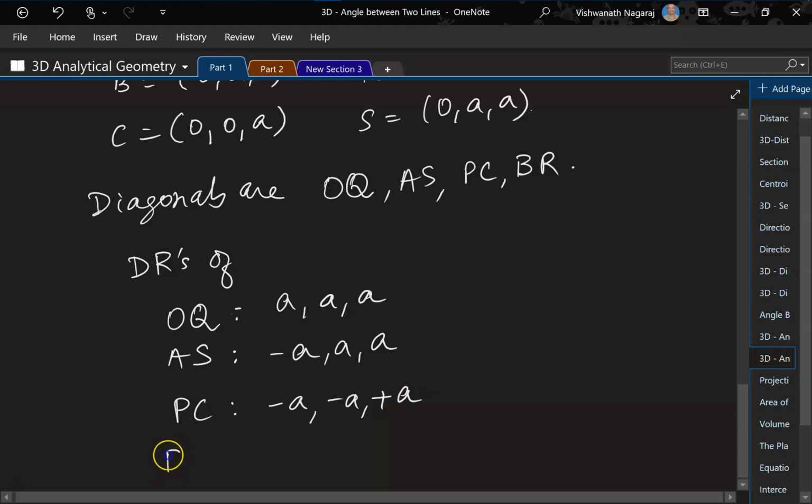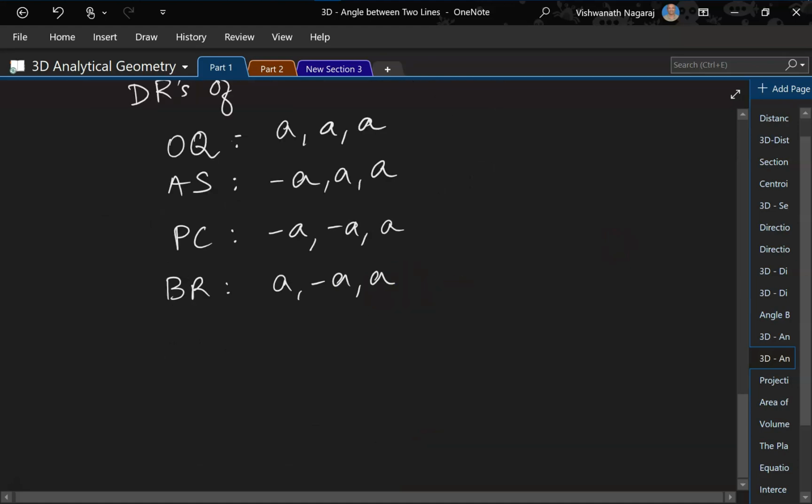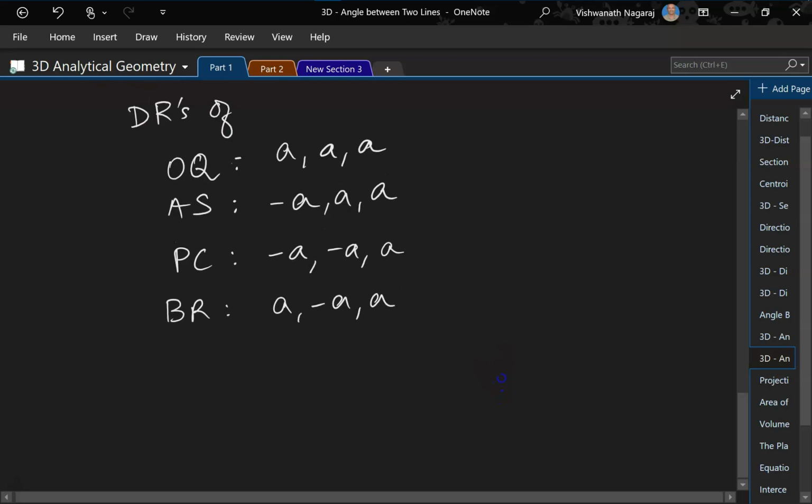And finally BR would be (a, -a, a). I don't have to write this plus, I can just leave it as a. So we have got the direction ratios.